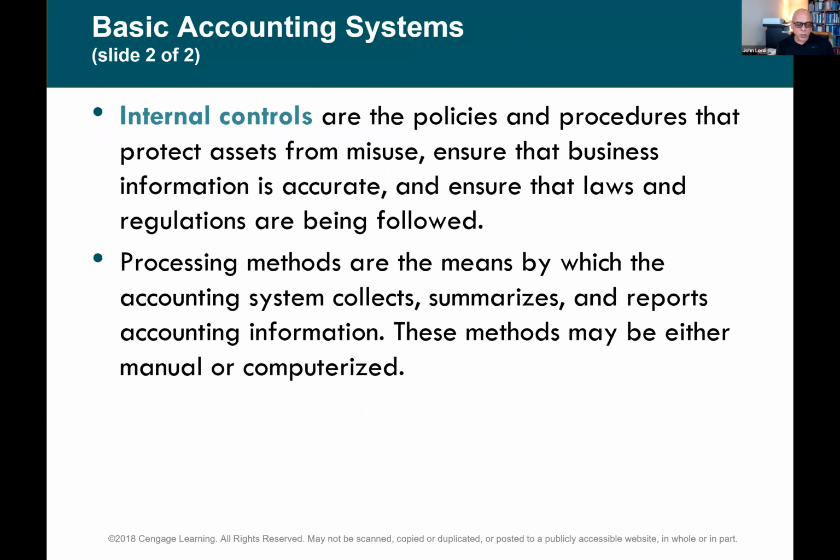But internal controls are basically ways to prevent and detect errors and irregularities in the financial statements. Errors are accidental mistakes. Irregularities are almost intentional, potentially even fraud, in the preparation of accounting information. And controls could be computerized or manual.